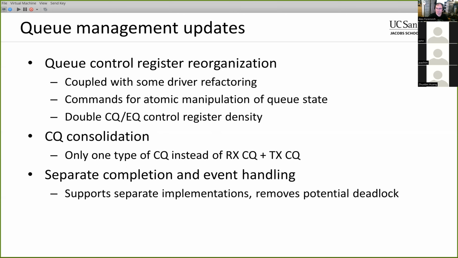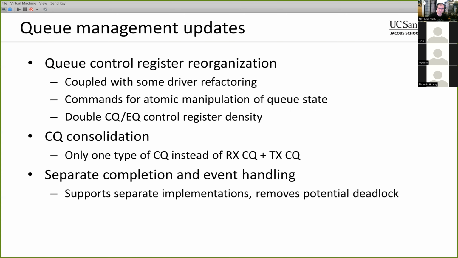Instead, we have these atomic commands where you just do a single 32-bit write, and it will set or clear a single bit, or set a bit field or whatever. That should make things a little bit easier to work with. It also doesn't really have much impact on the logic utilization on the FPGA side, because with the queue management stuff, we were already repacking everything into the internal RAM. So we're just looking at different bits to do the same thing.